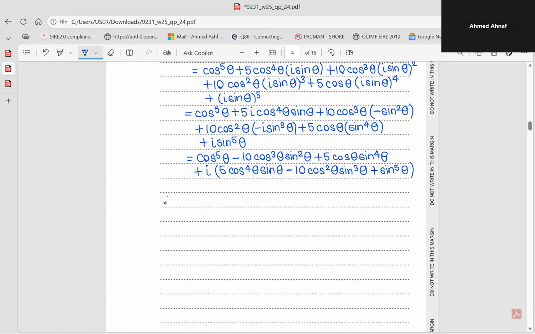So yeah, therefore, we get sine 5 theta equals 5 cosine 4 theta sine theta minus 10 cos square theta sine cube theta plus sine to the power 5 theta.